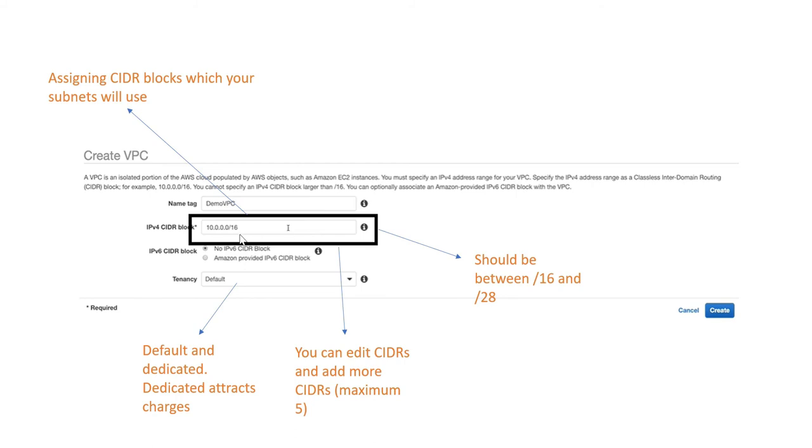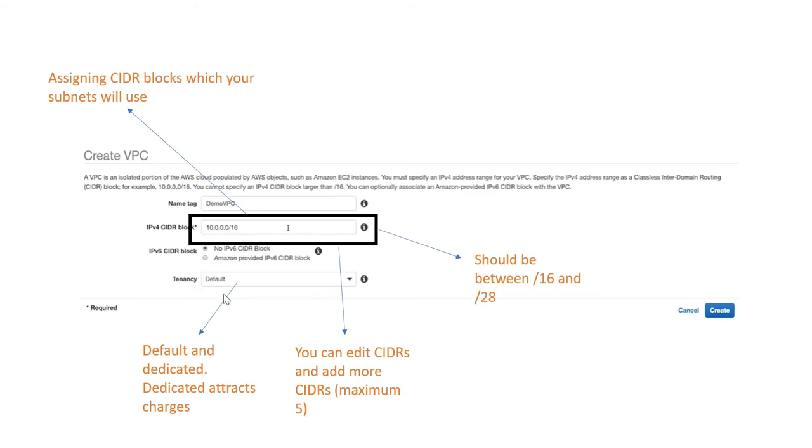This blocks the network and those IPs, and your subnets have to be a subset of what is provided here. There can be a maximum of 5 CIDRs associated with a VPC. Once you create a VPC with the CIDR, you can edit the CIDRs and add more.